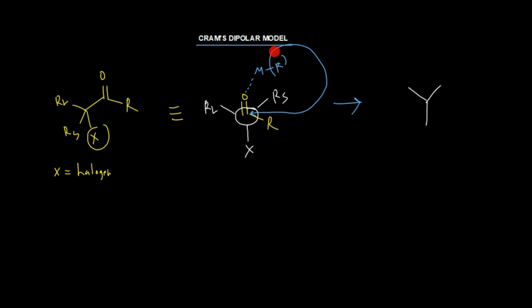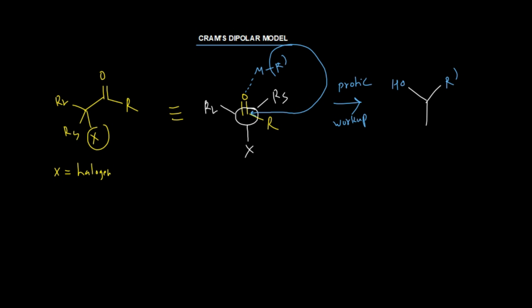Since this R' is coming from here, with the front carbon this will form your R', so I am writing R' here. Of course, protic workup will also be there, and this will become OH, so this will go in that particular direction. So this is your OH, right?